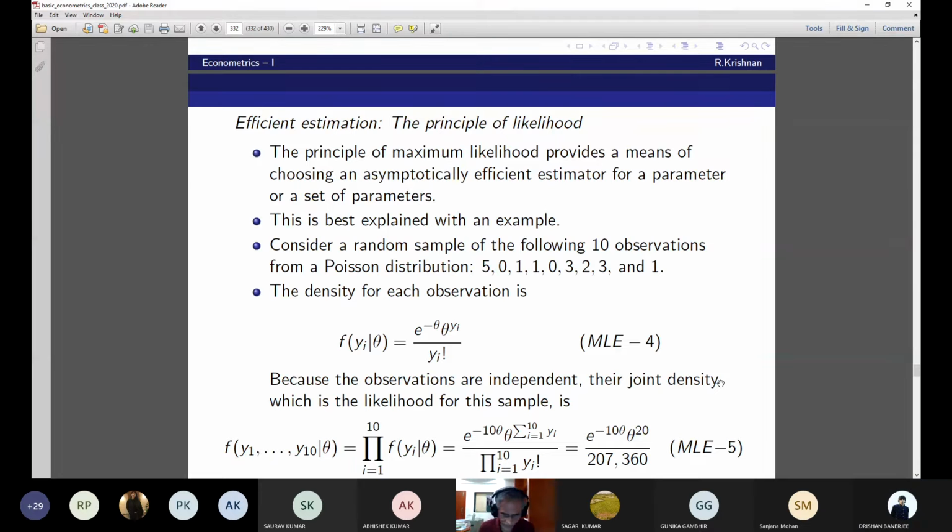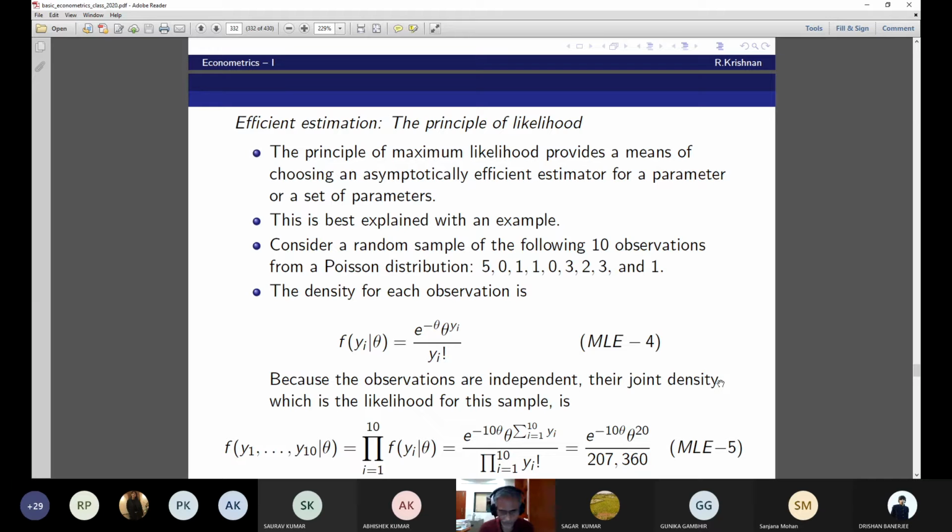Other way around. One way of doing it is try this for different values of theta. Suppose you try this for different values of theta and plot it. Suppose you are plotting the likelihood instead of the log likelihood.